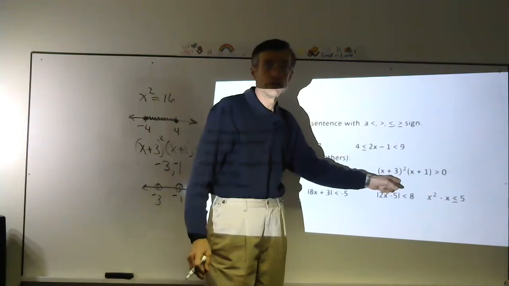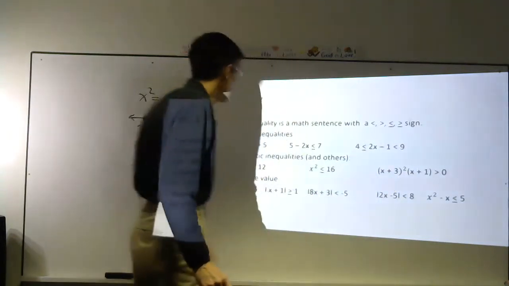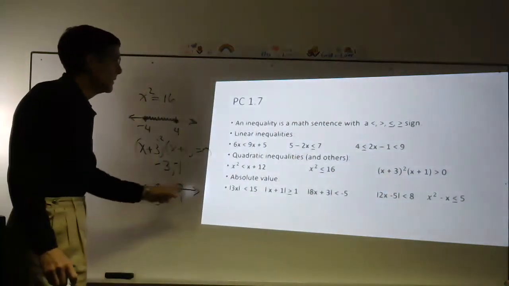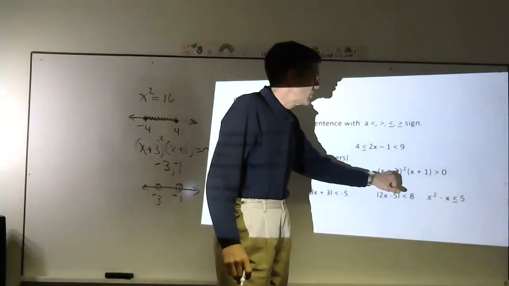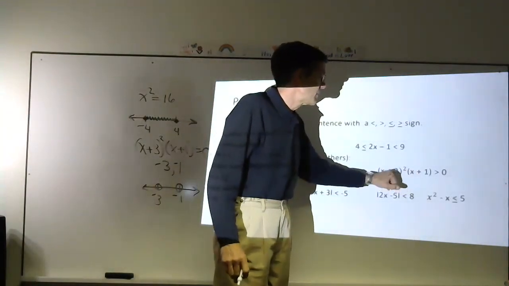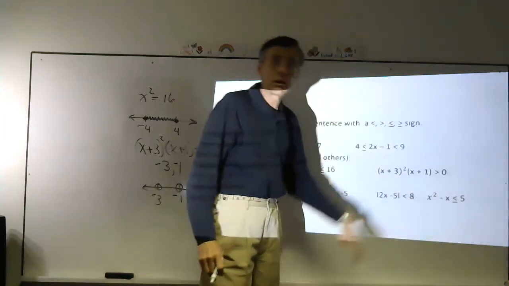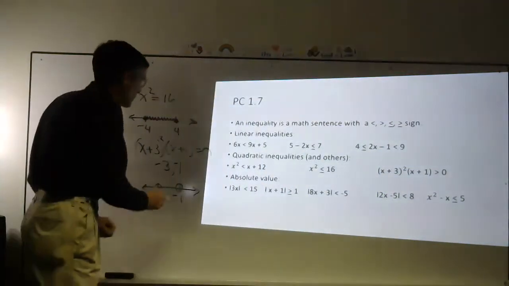That's not true. So we don't shade in the middle. How about to the right of -1? How about 0? That's going to make this just 3 and 1. 3 squared is 9. 9 times 1, bigger than 0. Yeah, so this side works.